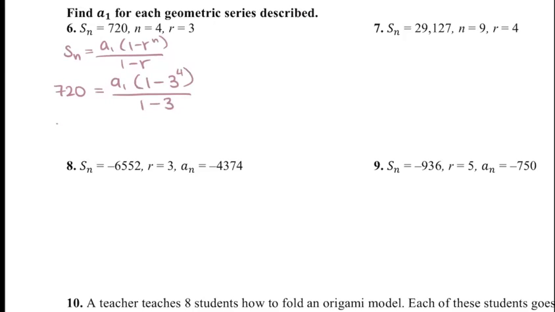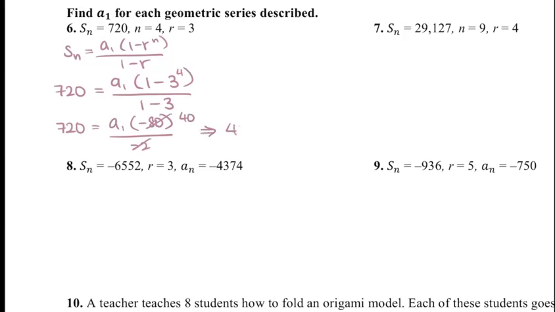From here, I would simplify the parentheses. You do 1 minus 3 to the 4th power, which is negative 80, all over negative 2. And since negative 80 and negative 2 divide really easily, I will divide that.